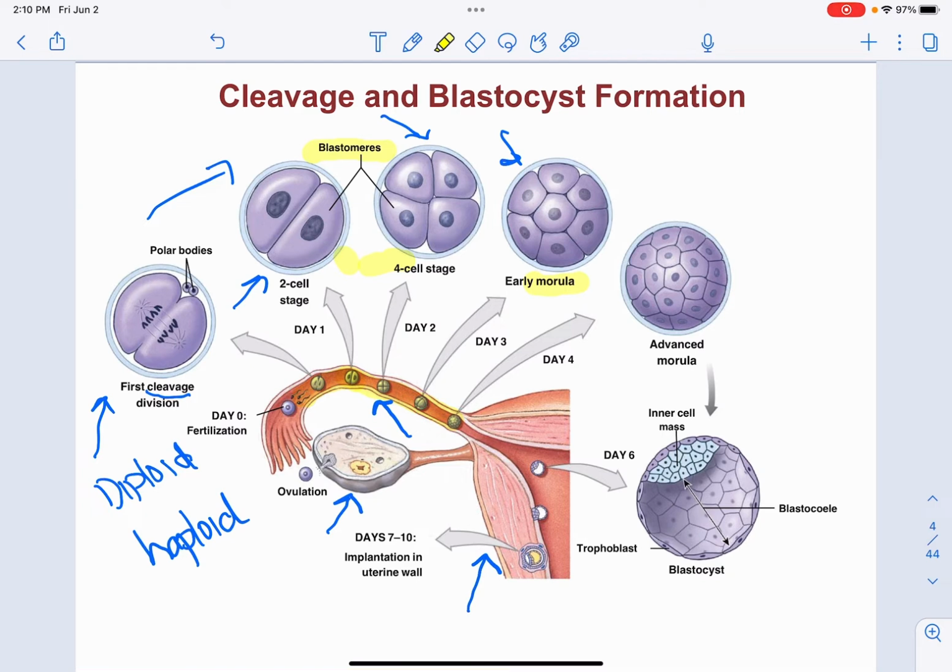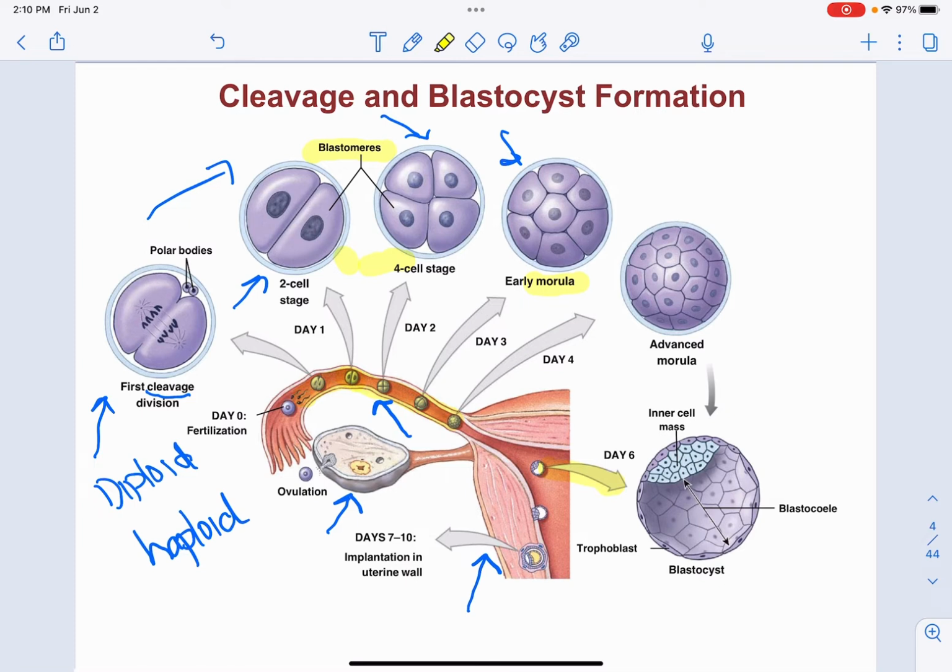It continues on its journey into the uterus, and eventually by around day 6, it will implant or embed into the wall of the uterus. So that's what's showing right here. And then between day 4 and day 6, something remarkable happens.